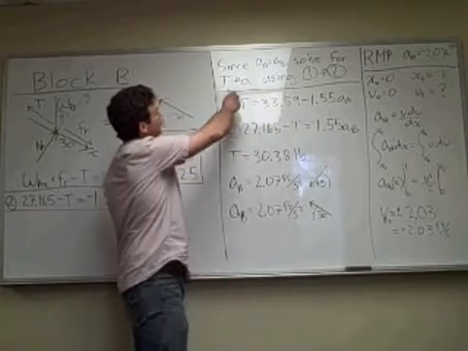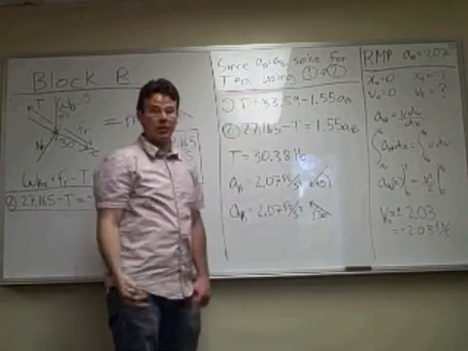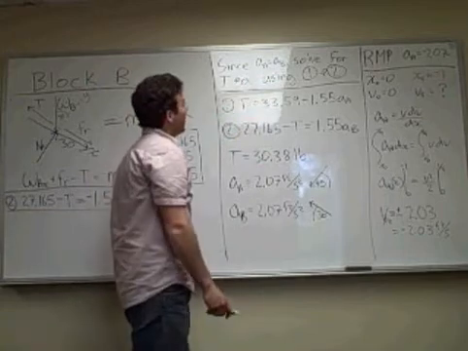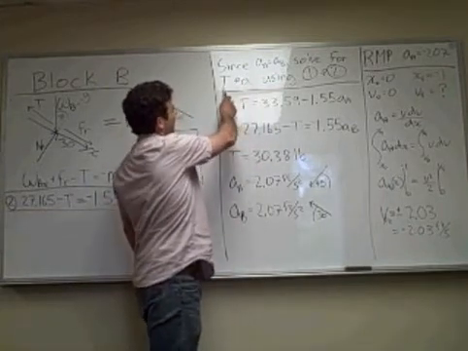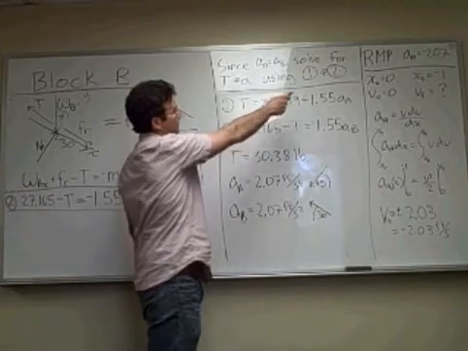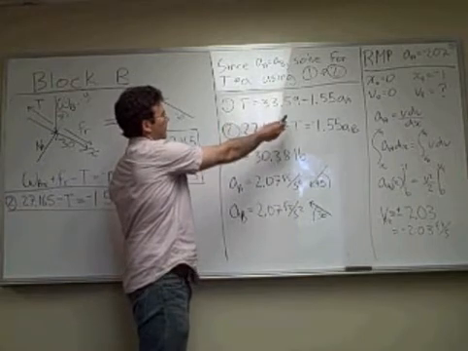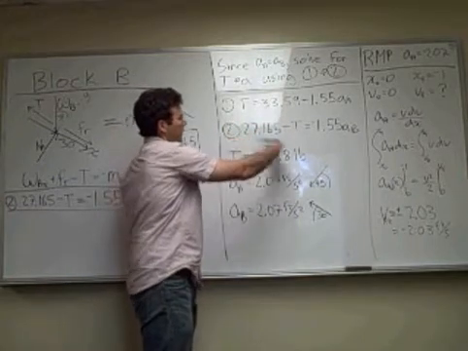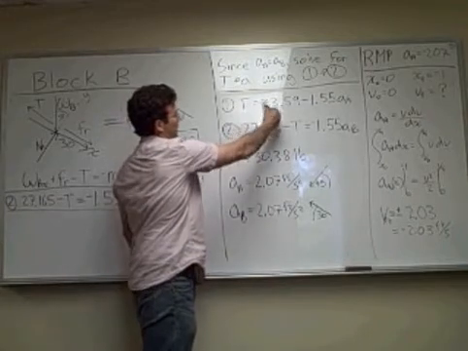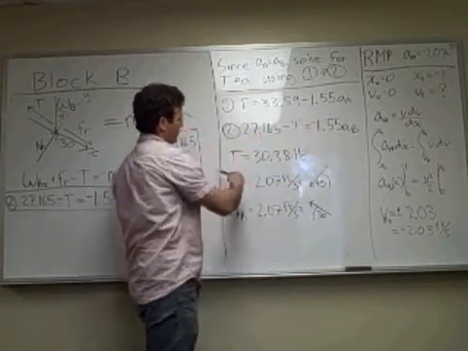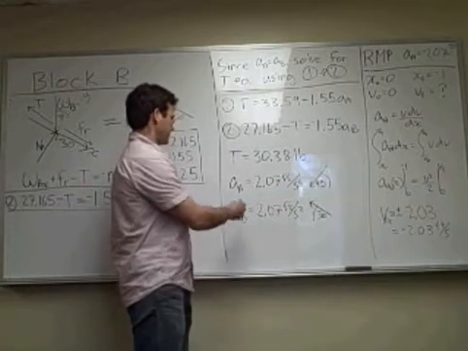And we know that the acceleration of A equals the acceleration of B due to our cable relations. And so knowing that, we can solve for the tension and the acceleration using two equations, equation 1 and equation 2. Equation 1 developed from block A, equation 2 developed from block B. And say we just plug in for T here, solve, we get T equals 30.38 pounds.